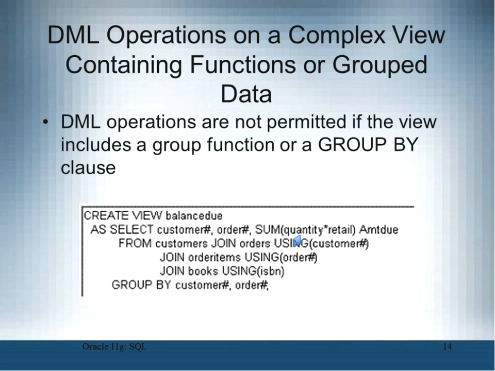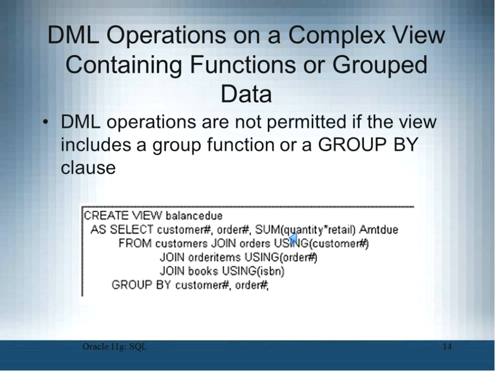It's how many we bought, that's quantity, times the retail price. For all the items that we ordered, we take quantity times price, and we add all the items together on that particular order. So that's like the order total.